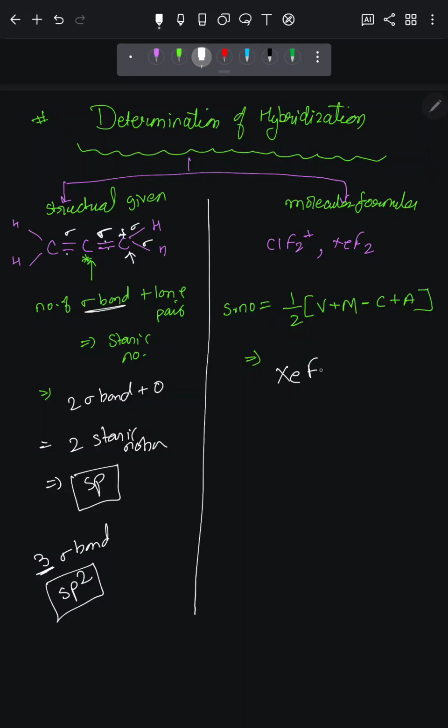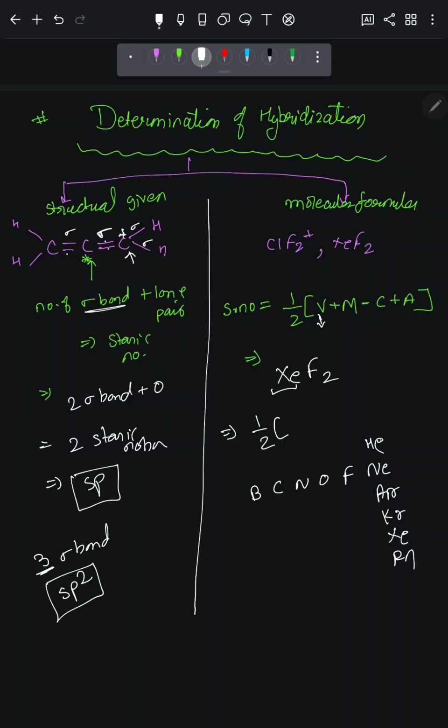Let's take an example of XeF2. According to this formula, 1 upon 2 V, V represents the valence electrons of Xe. We know that in the periodic table there are boron, carbon, nitrogen, oxygen, fluorine, neon, and so on.